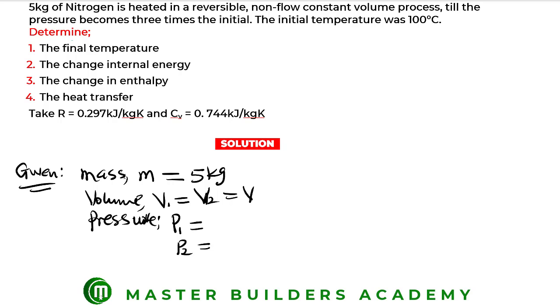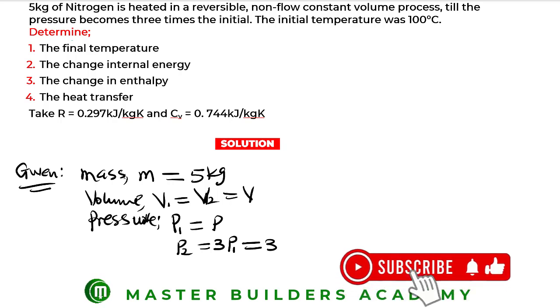But we do not know the initial, so we simply call it P. That's how we have it. So the initial pressure is P as we take it now, and then the final pressure becomes 3 times P1, whatever value that P1 has.